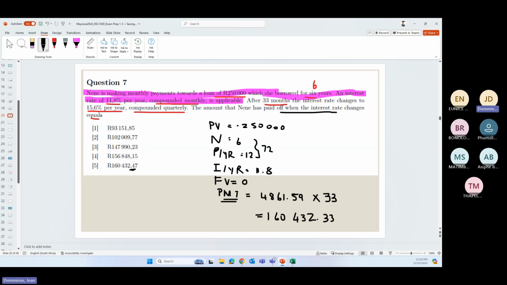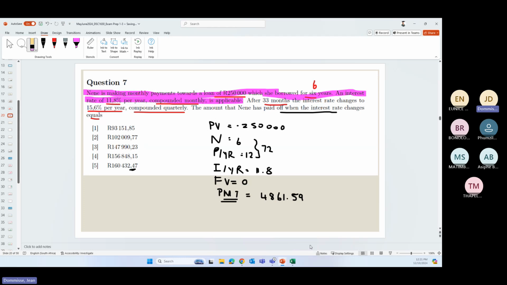So that's just my payments. It's not the amount of the loan that I have paid off, because that includes my interest as well. Okay, that's quite interesting. I'm just now trying to work out why do they give us all of this other information.